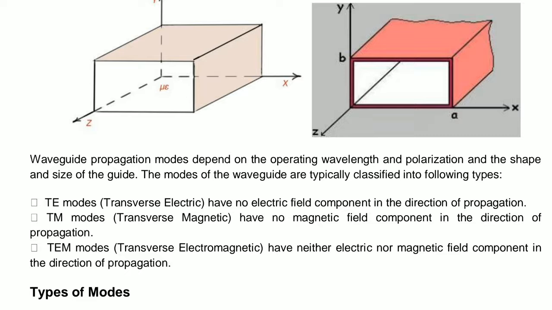Transmission lines support TEM modes because they have a two conductor structure, but a waveguide has only one conductor structure, so the TEM mode, the transverse electromagnetic mode, is not supported.